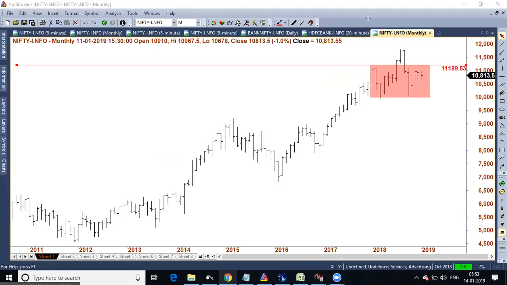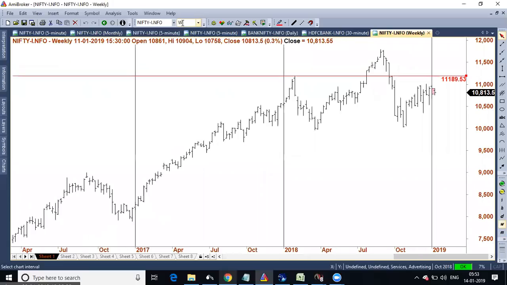And let me also look into the weekly, since the monthly is again showing a total level of frustration. Let's quickly have a look at what the weekly time frame is all about. So let me pull up the weekly time frame over here.